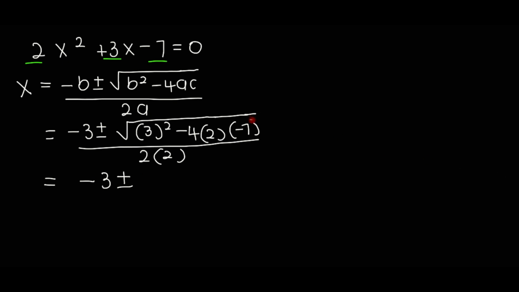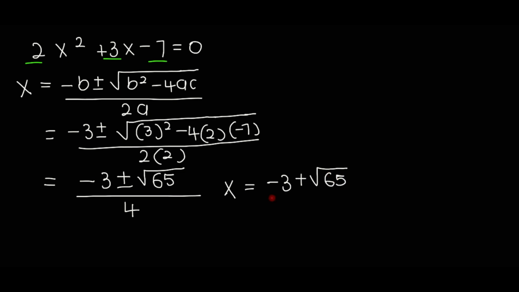So we have minus 3 plus or minus. If you press this part on your calculator, it will give 65. So we have 65, and then divide by 4, because 2 times 2 is 4. So from here x equals minus 3 plus root 65 over 4, because you can see that 65 is not a perfect square.